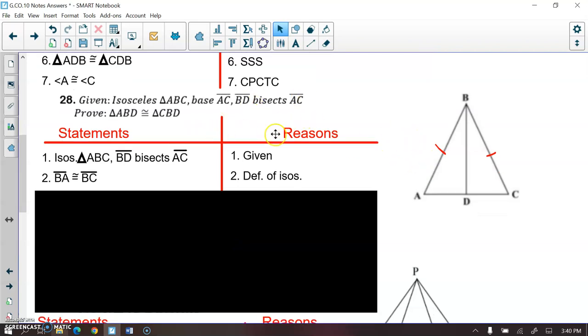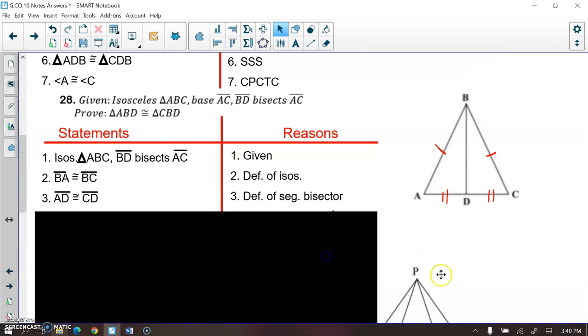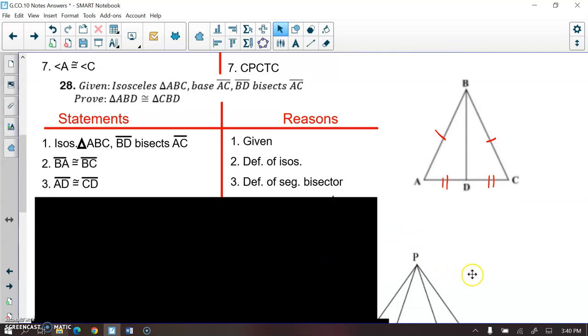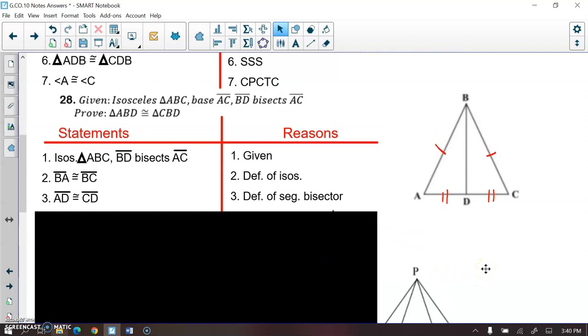Then I used the definition of segment bisector here to say AD and CD were congruent. And then how I went about it, instead of using the reflexive property, which you can use and then use SSS to prove these triangles congruent, I wanted to show you a little bit of a different way.